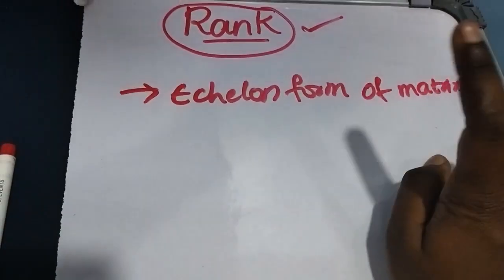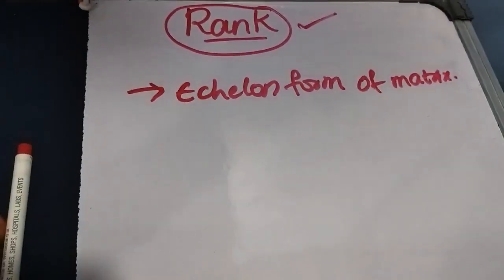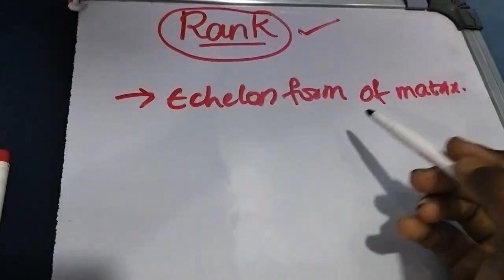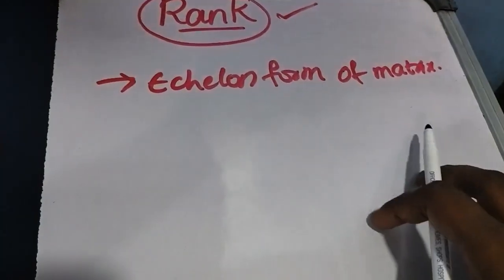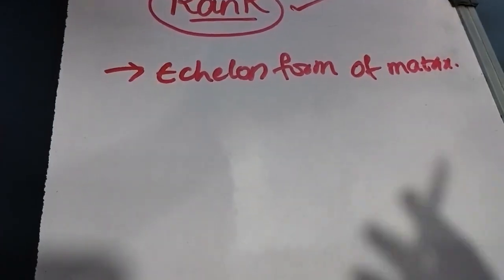This is one of the methods to find the rank of the matrix, which has certain conditions. A matrix can be converted into echelon form with certain conditions. I'll now explain what these conditions are.